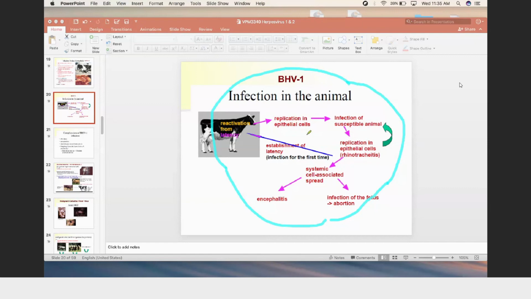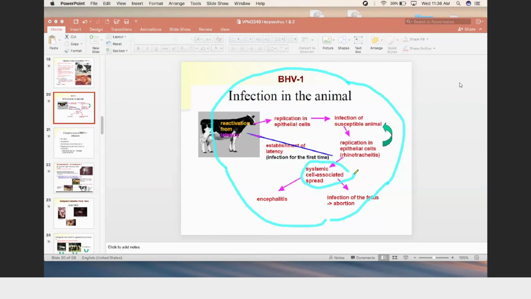Basically, these are the characteristics of the disease caused by the virus. These are talking about pathogenesis here: replication of the virus in epithelial cells around the upper respiratory tract, in transmission or infection of susceptible animals. Then there is systemic cell-associated spread, meaning that the virus is transported in the system to many organs, and it is cell-associated.